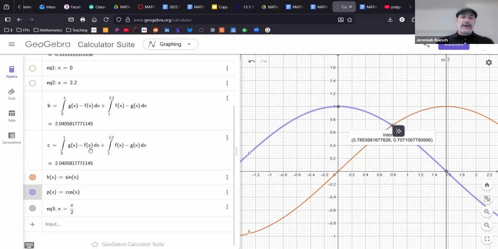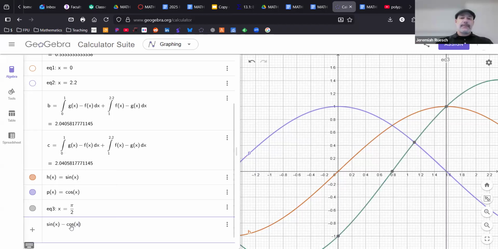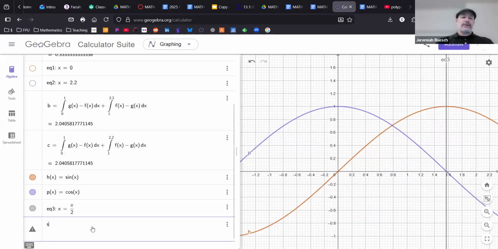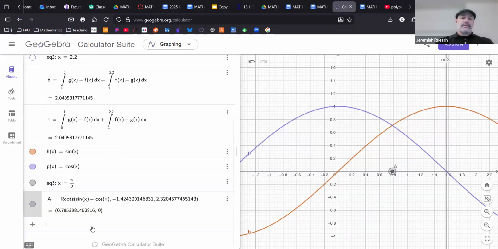To do that, I already know from the unit circle: sine of x minus cosine of x, where does that equal 0? It equals 0 right there. I can find a root of sine of x minus cosine of x, and that gives me the x value there.